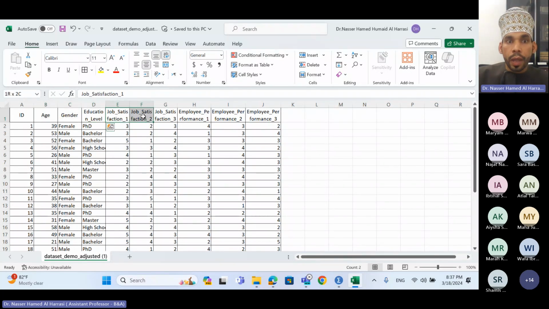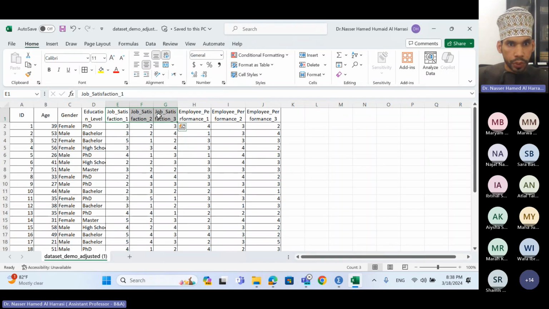Then we are going to have the constructs or the variables which we are using in our study. For example, here we have job satisfaction. Under the job satisfaction variable, we are going to have many questions: question number 1, question number 2, question number 3. For example, we ask about their satisfaction with the workload.